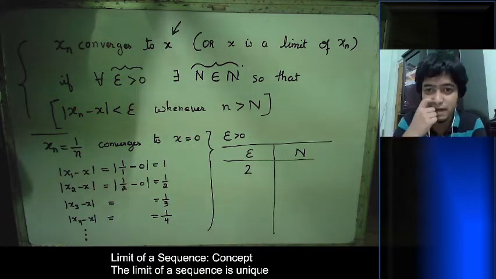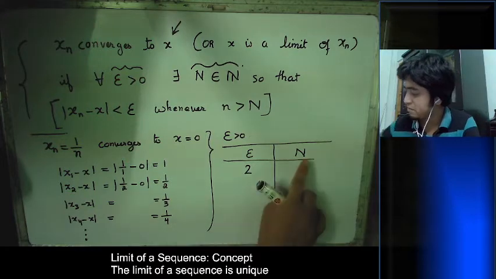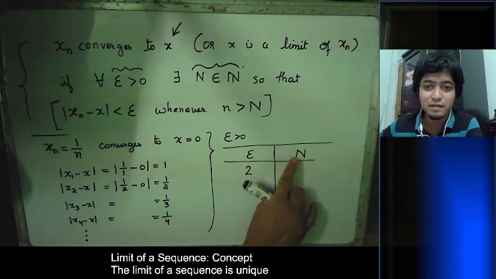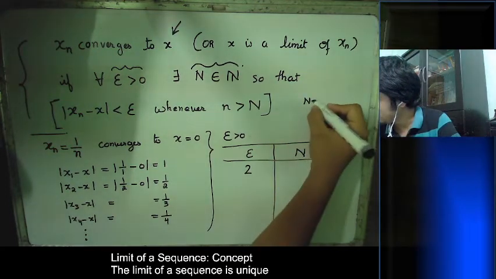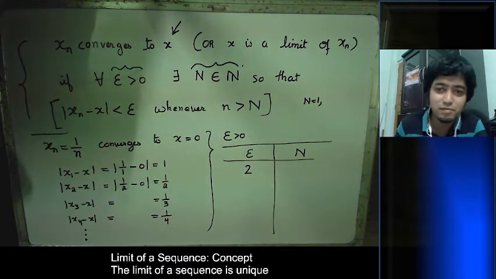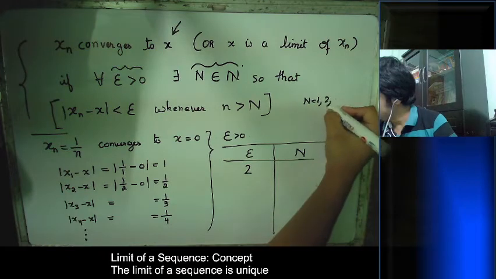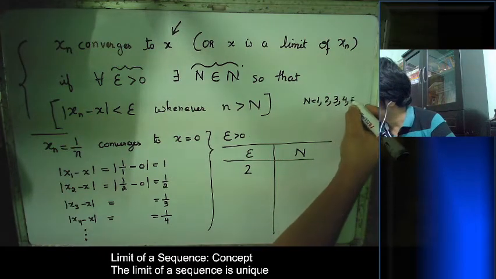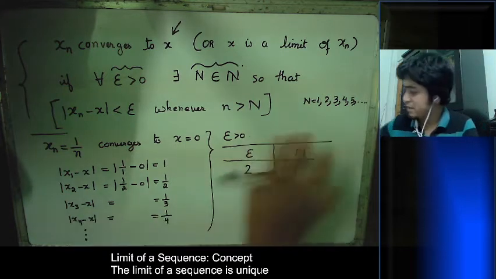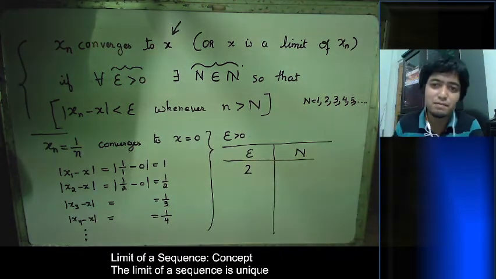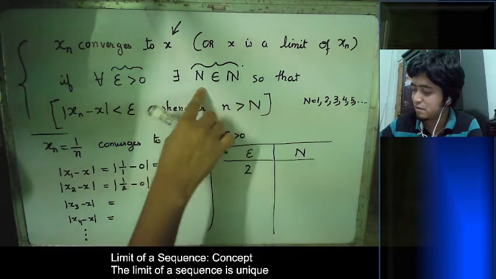Since you have to provide a natural number, you can either provide N equal 1. So these are your choices. Which of these will you choose? Of course there may be so many values that you can choose, but at least you should choose one.